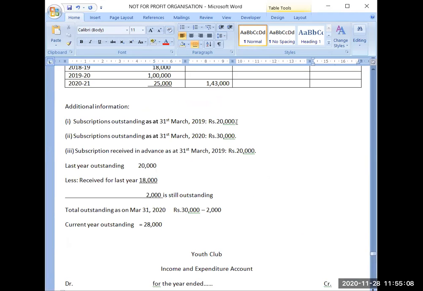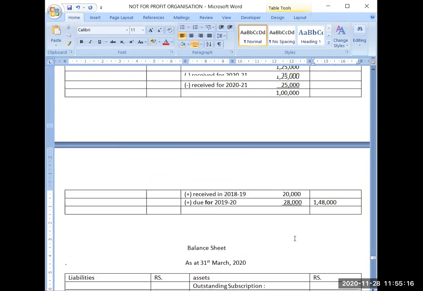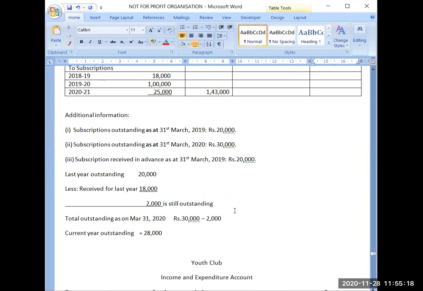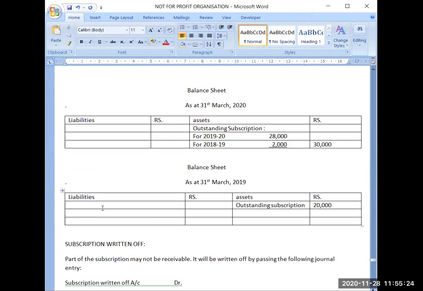Last year outstanding subscription was 20,000. Now coming to advance subscription, last year we have received subscription in advance 20,000. This one. So this will go to the last year balance sheet as advance subscription.